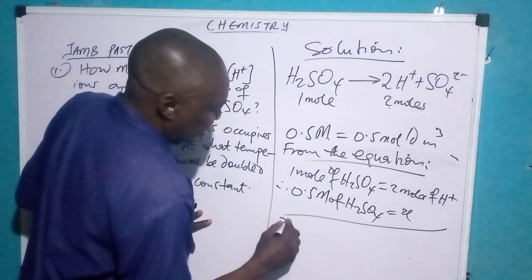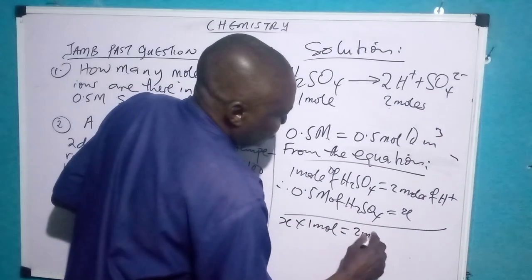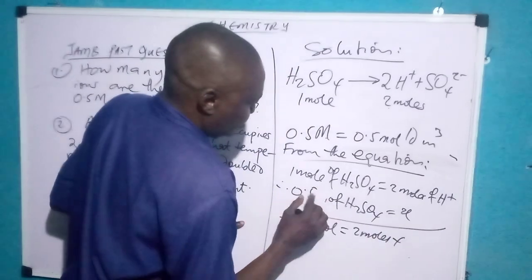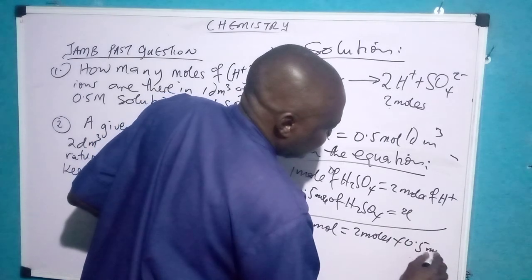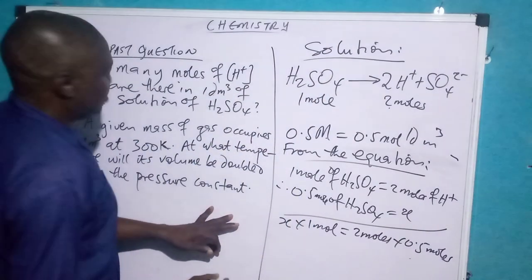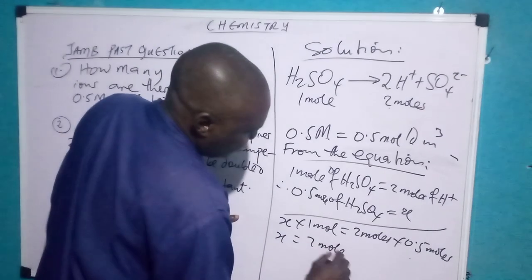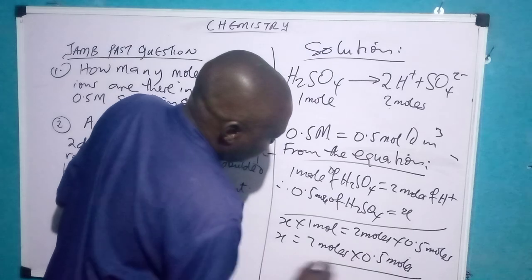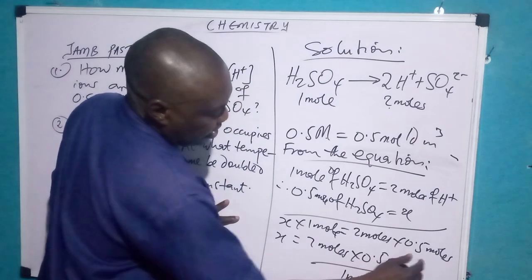You now see X times 1 mole equals 2 moles times 0.5 moles. So you cross multiply. X will now be 2 moles times 0.5 moles over 1 mole. 1 mole cancels 1 mole.